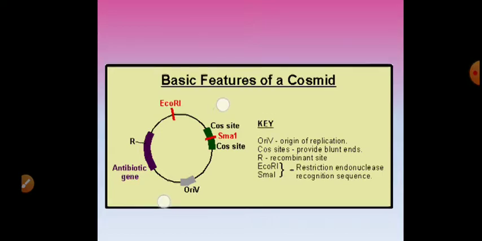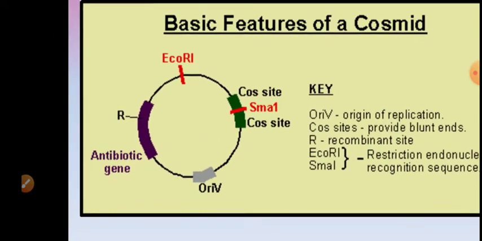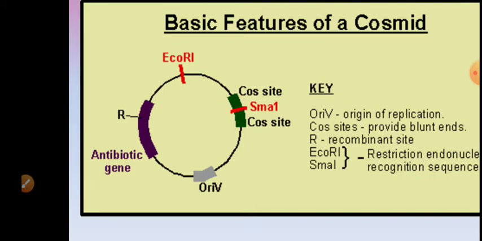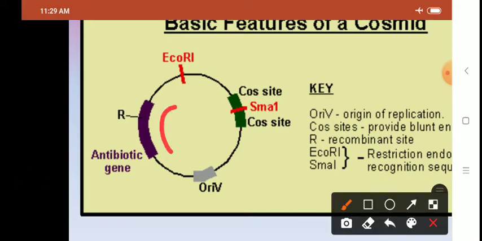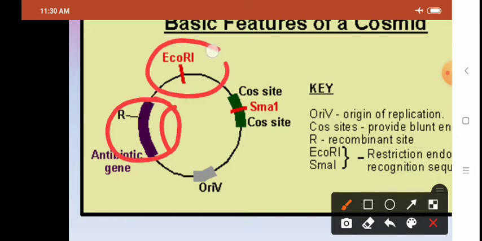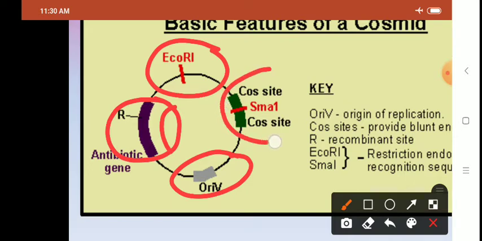Now, if you look at the basic diagram of a cosmid or features of a cosmid, it contains, as you can see, antibiotic resistance gene shown here. It contains restriction enzyme site, say for example for EcoRI. It contains bacterial origin of replication, and it contains cos site derived from lambda phages.